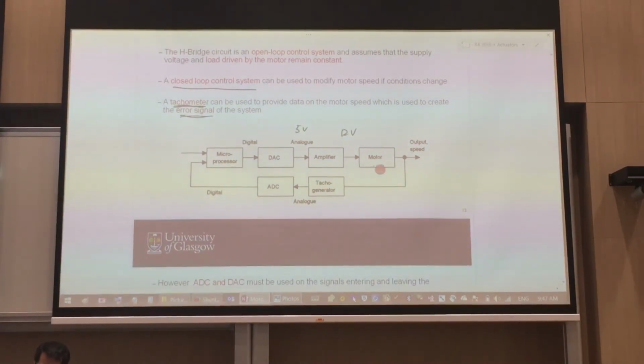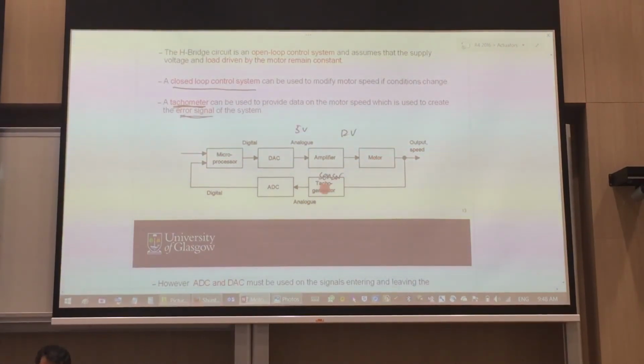So your motor would run, and there's no sense of in which position it ran to. So you need to check that output speed and put in a tacho generator. Now the tacho generator is a sensor. This was covered in the topic of sensors. You have seen the mechanism before, and you would know that it's actually an analog sensor.